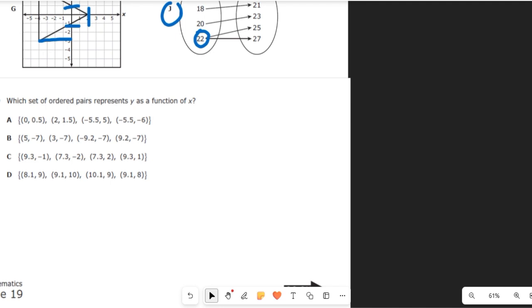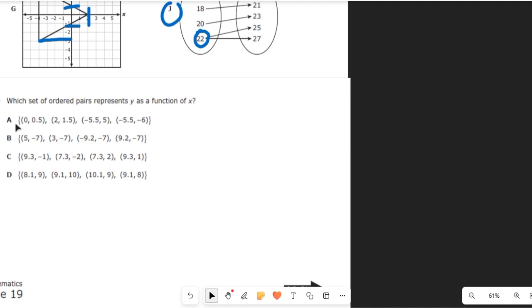Remember, for us to determine which set represents y as a function of x, we need to check whether each x value is paired with exactly one y value. If an x value is paired with more than one y value, that is not a function. But if each x value is paired with just one y value, that is a function.